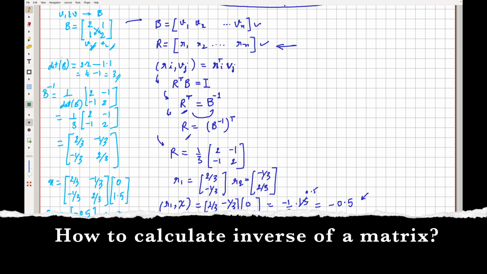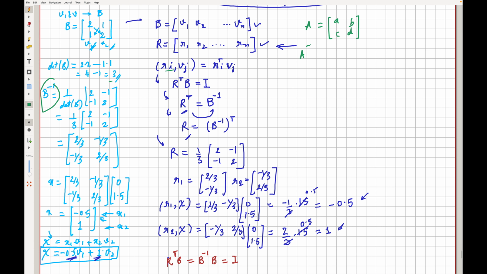Now, just to clarify things a bit, when we are taking the inverse of a matrix, I just wanted to mention the actual steps. If we have a matrix A with values A, B, C, D, and we are trying to get the inverse of this matrix A, what we would do is get the determinant and then get the inverse of that.